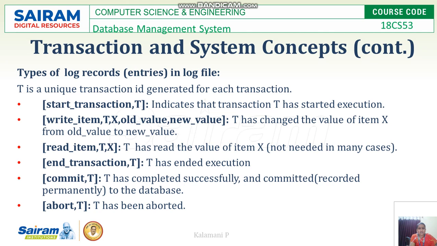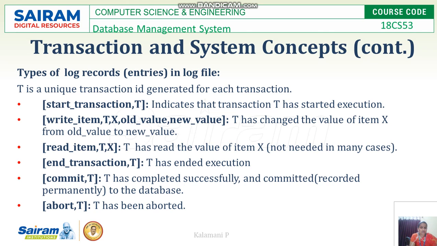In the transaction system concept, the types of log records in the log file are these, where T is a unique transaction ID generated for each transaction. Start transaction T. Write item T, X, old value, comma, new value: write item is an operation, T is the transaction name, and X is the item whose value will be changed from the old value to the new value.